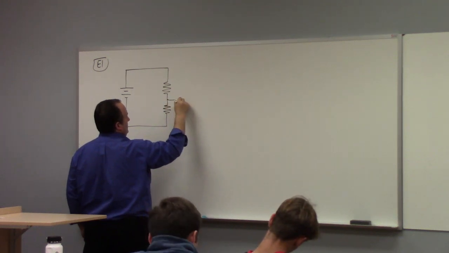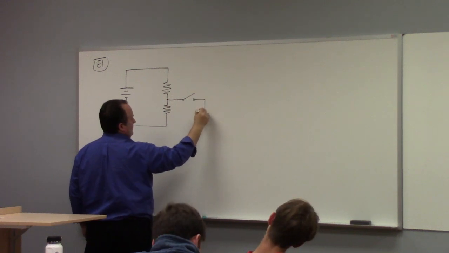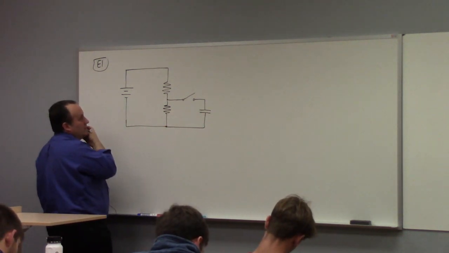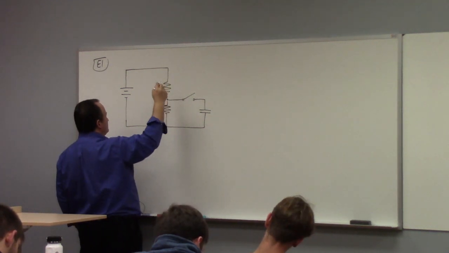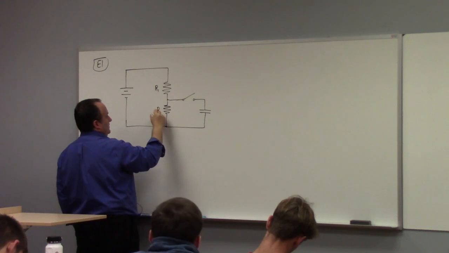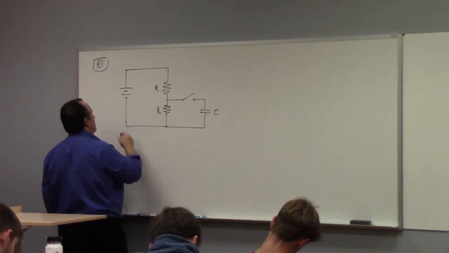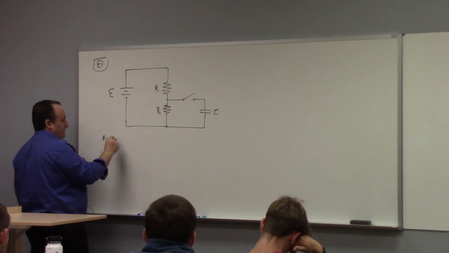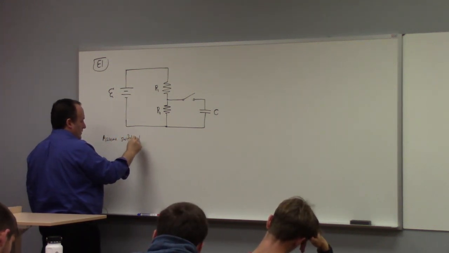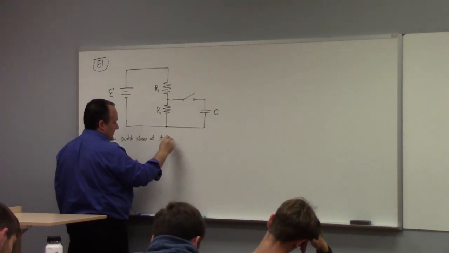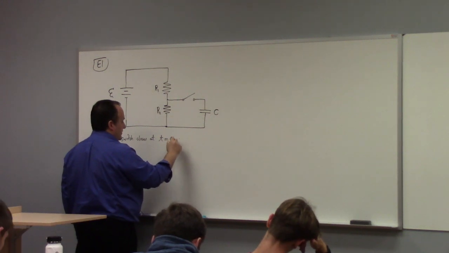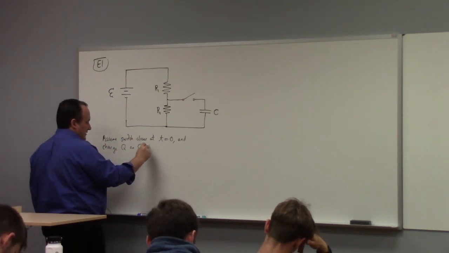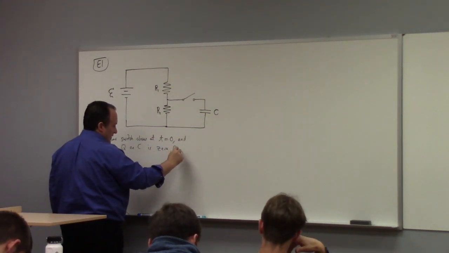And we'll put R1 here, we'll put R2 here, and capacitance here, and E. And we'll assume that the switch closes at t equals 0, and the charge Q on C is 0 for t less than 0.